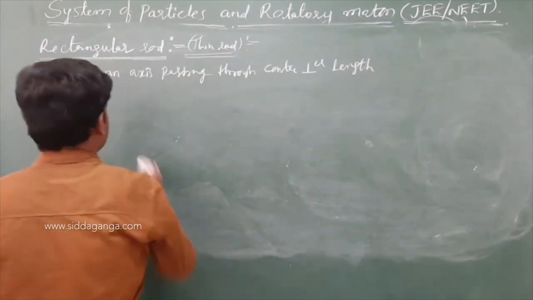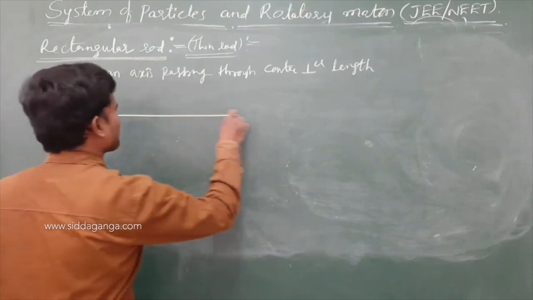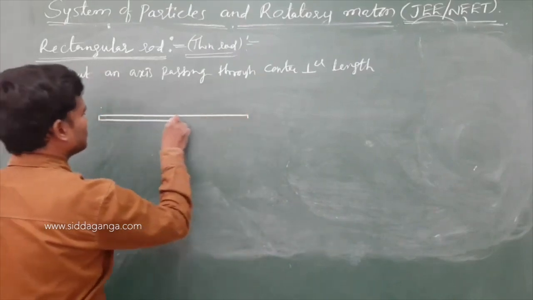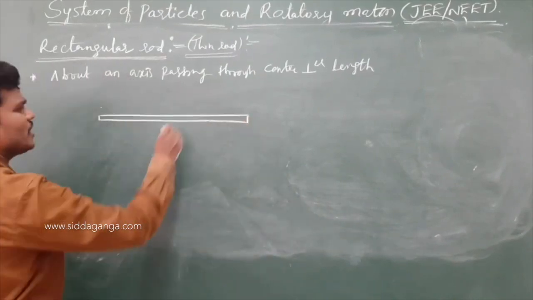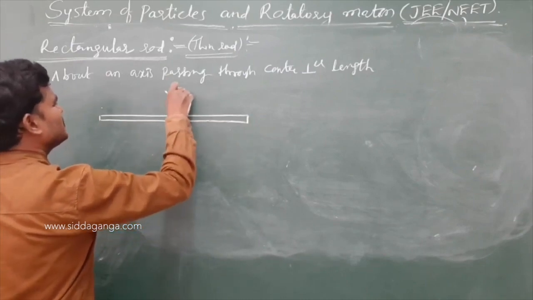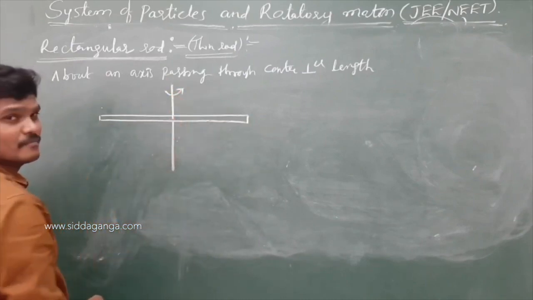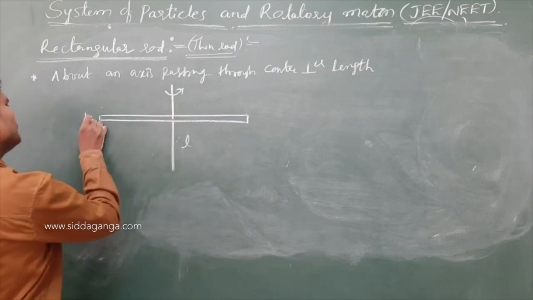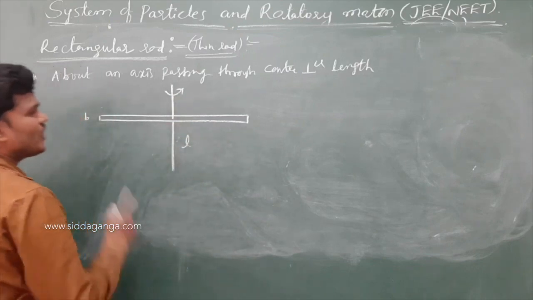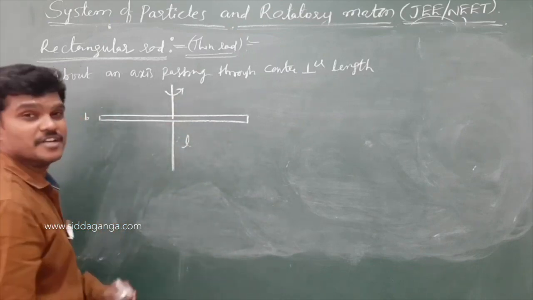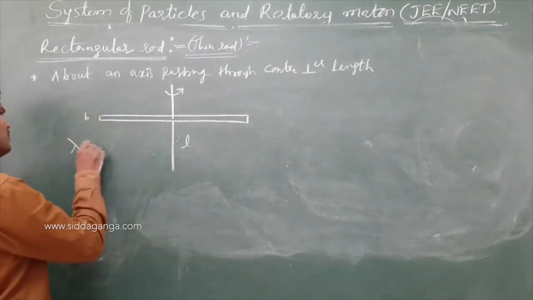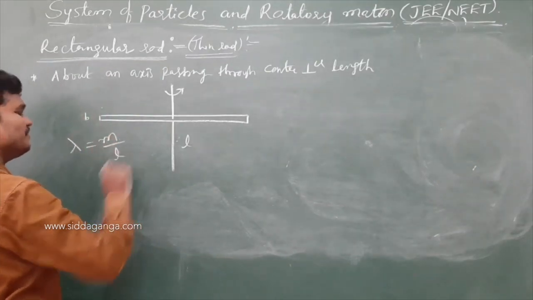So this is the rod, and this is a linear object. Now I am going to find the moment of inertia about this, whose length is L and breadth is D. To find the moment of inertia, since this is a linear shape object, use lambda. Lambda is the mass per length.